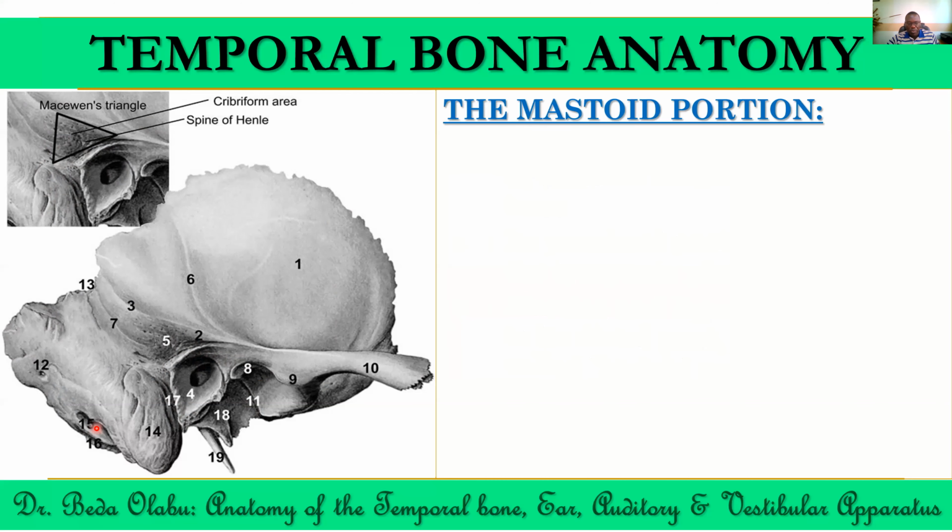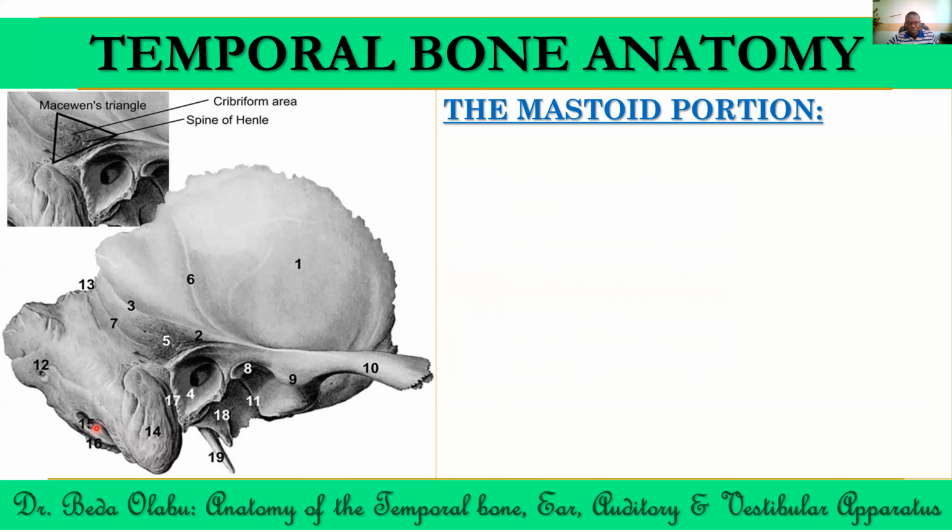Those ones tend to be a bit medial. Then on the lateral aspect, we have the attachment of the sternocleidomastoid, which you can see there. The ones which are not shown here are the attachment of occipitalis, which we'll expect to be a bit higher, and attachment of the auricularis posterior as well. So those muscles make the outside of the mastoid a bit rough.